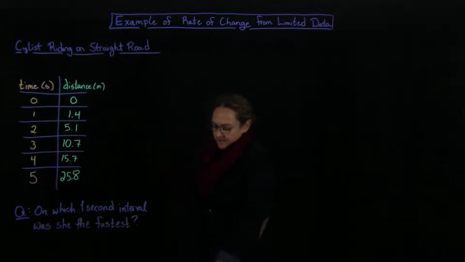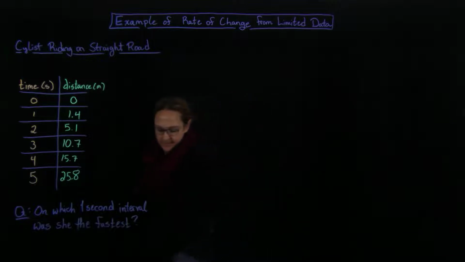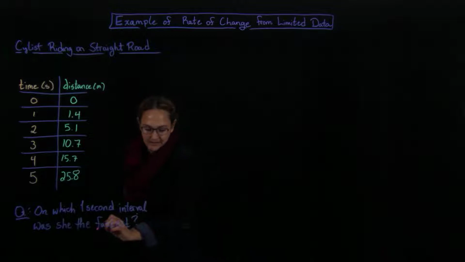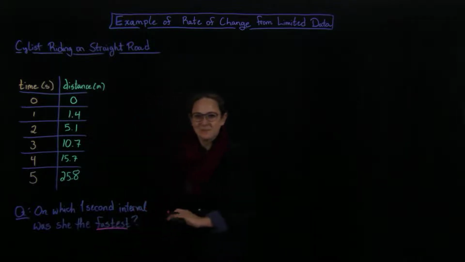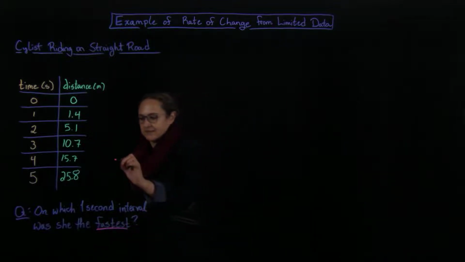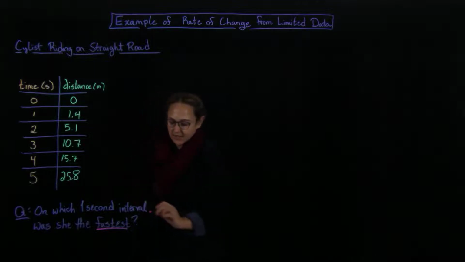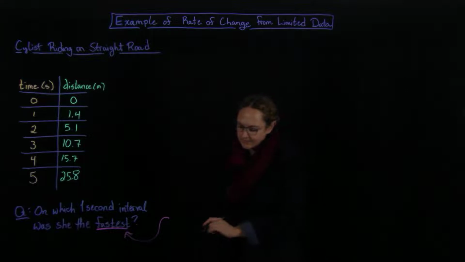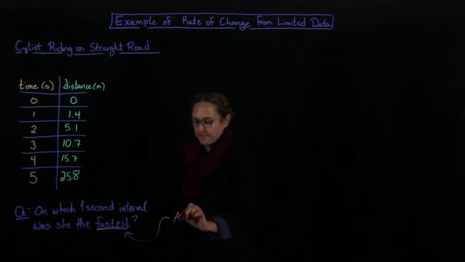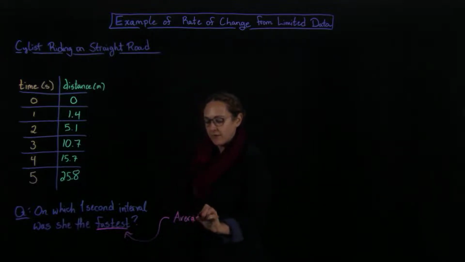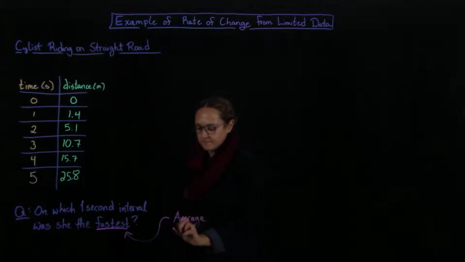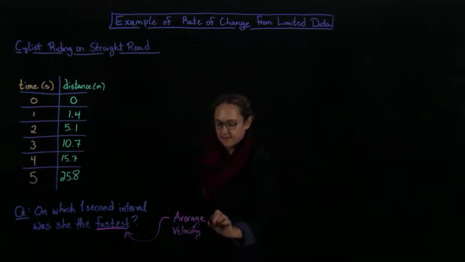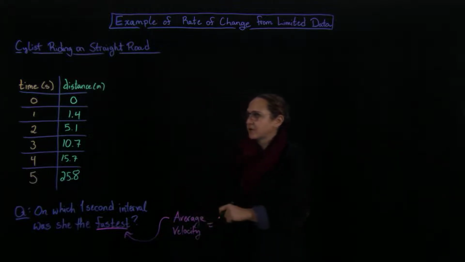Okay, let's think about this for a moment. I'm going to use red to annotate on here. Let's think about what I mean by fastest. What I'm really looking at here is the average velocity. We have to think about what I could possibly mean by this in this circumstance.